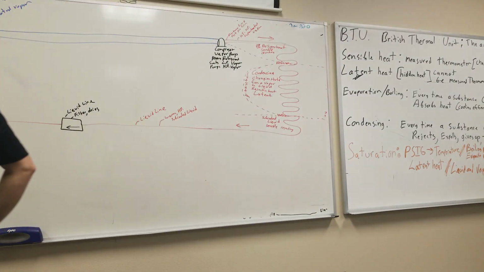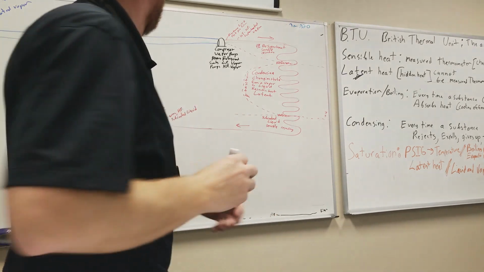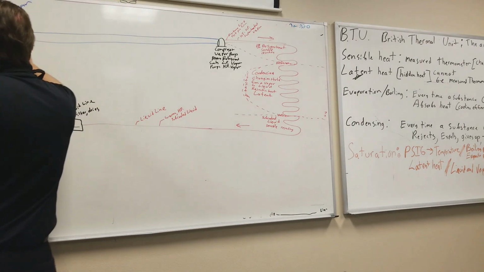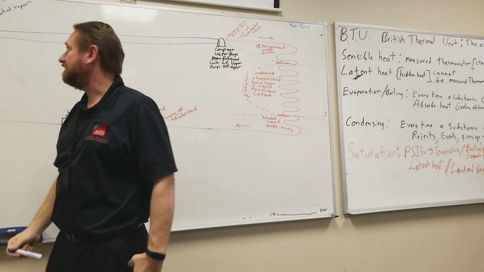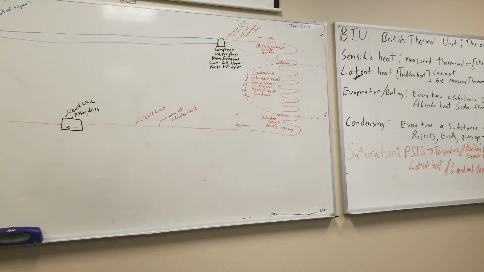Okay, so let's add a little bit to it. We'll get back to where we were before we left. Can I measure how superheated it is here? Yes, I can. How do I find out how superheated it is there?